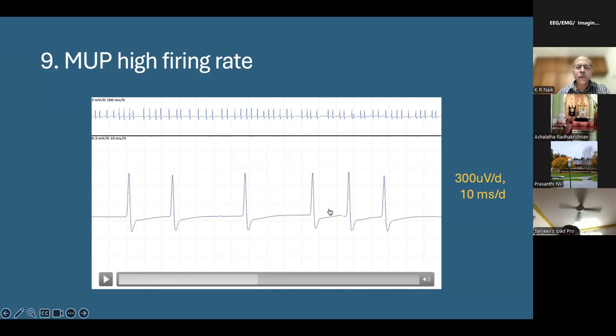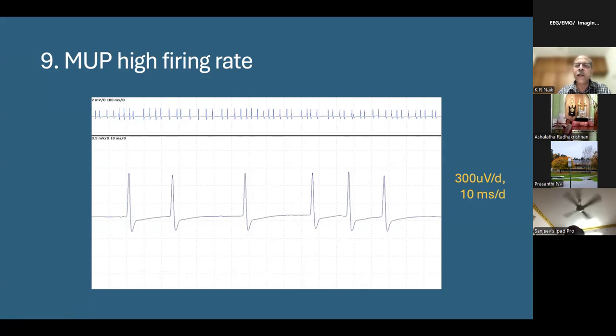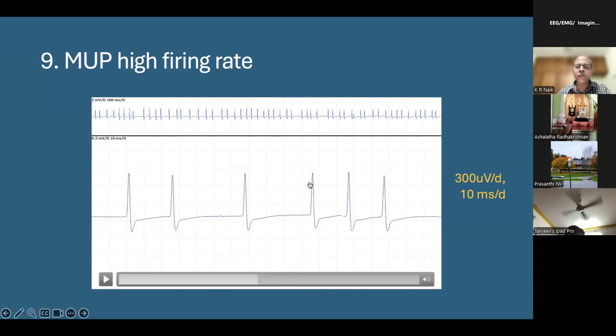So this is a normal firing pattern, but the variation is that the firing rate is high, sometimes going up to almost 40 hertz. Look at this signal, 20 milliseconds interval. So 1000 divided by 20 is 50, sometimes almost 20 per second. So this is what you have to see.